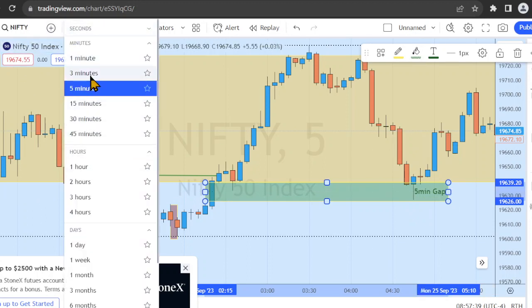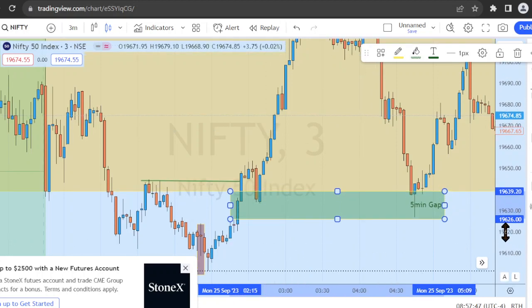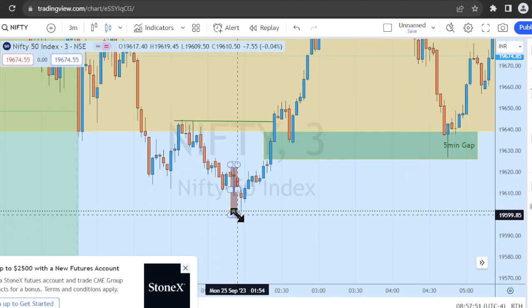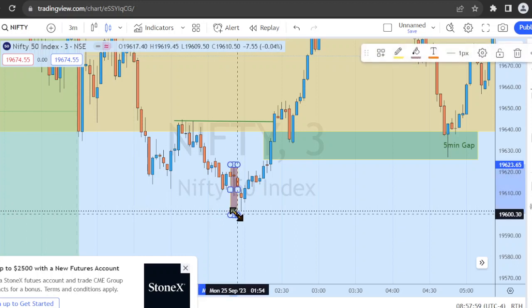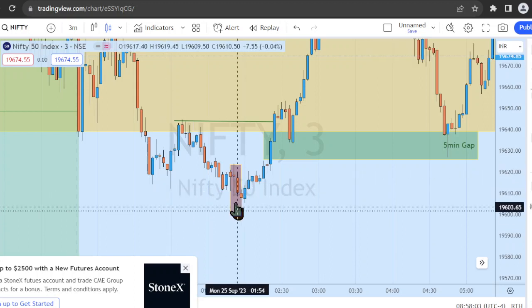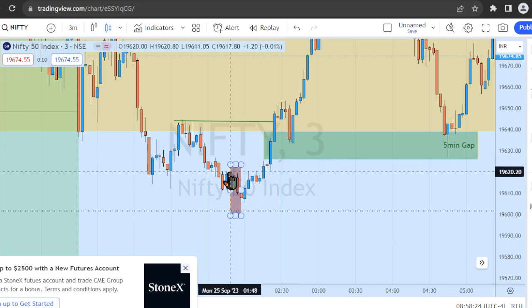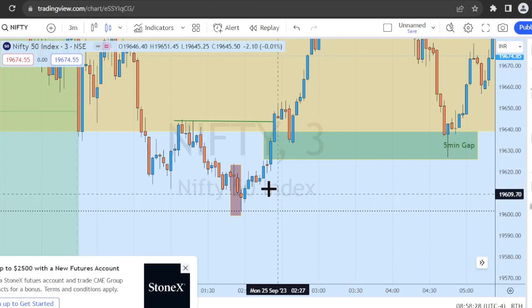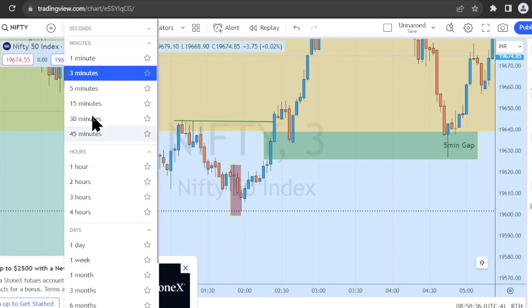If you go down to 3 minutes, you could have taken this candlestick also, like on a 3 minute, and then you could be looking for a gap. Then 2 minute and then 1 minute.